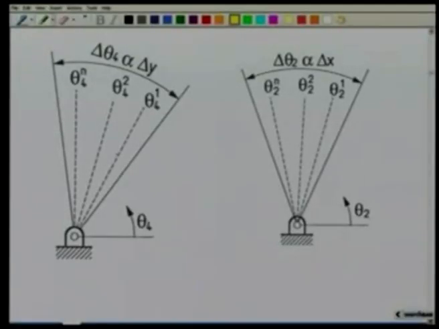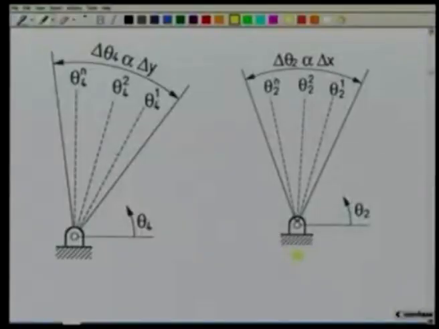This figure explains what we understand by a function generation problem. Again, we are talking of a 4R linkage, namely O2, A, B and O4. O2 and O4 are the two fixed hinges. O2A is the input link, O4B is the output link.